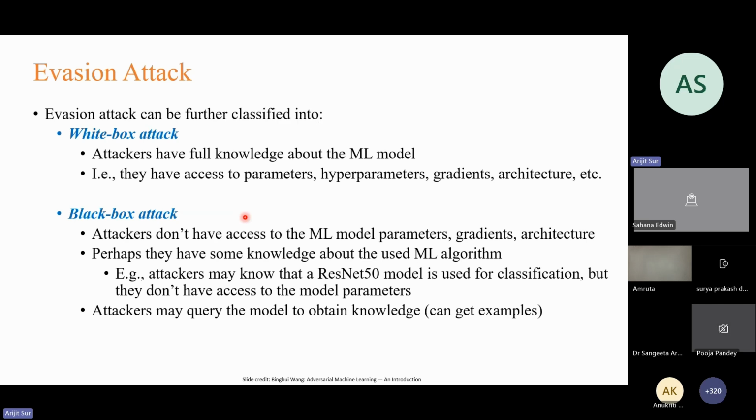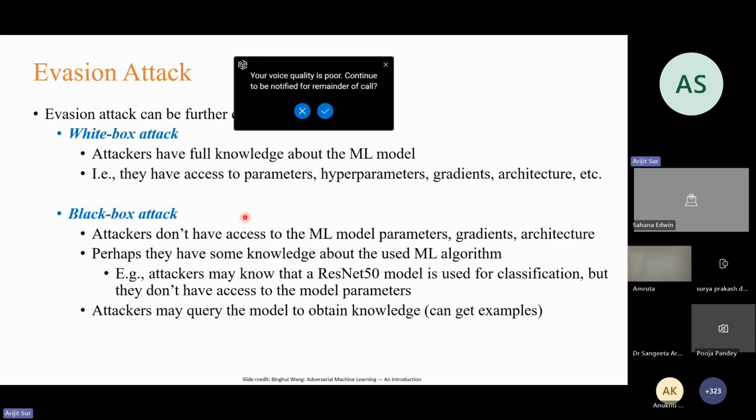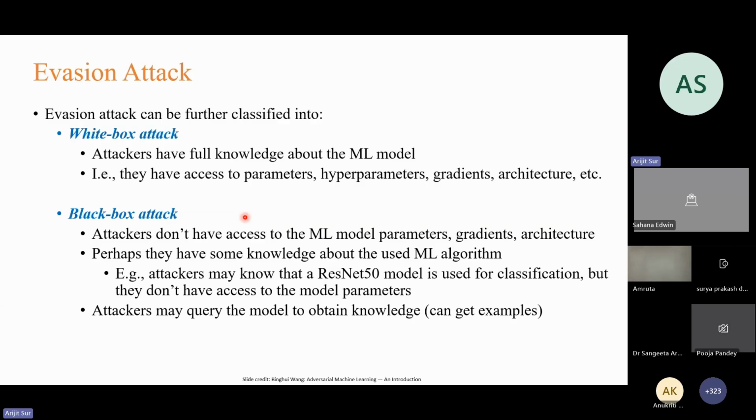They know the algorithm, the model parameters, and the hyperparameters. If the attacker has this knowledge before mounting the attack, it is called a white box attack. They have access to parameters, hyperparameters, gradients, etc. In general, from the attacker's point of view, this is the easier attack to mount.